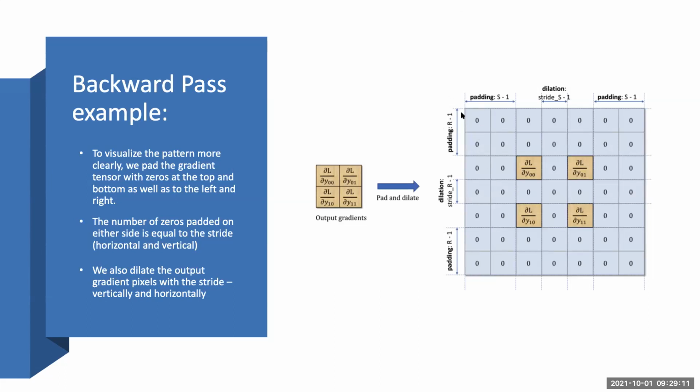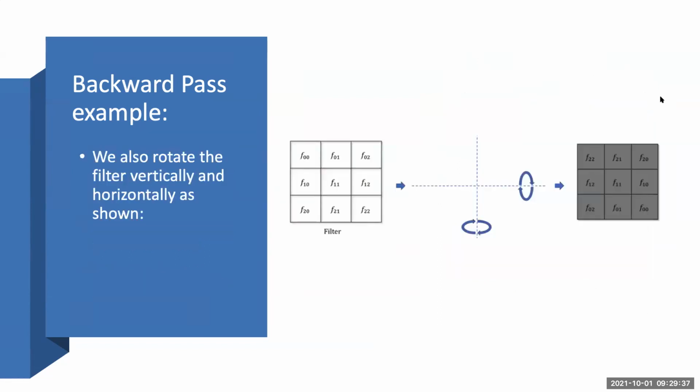You pad with the size of the kernel of the filter -1, right? And I think this part is a typo. You pad with the padding size of -1, and then you dilate with stride -1. Does that answer it? Okay, looks like it's clear.